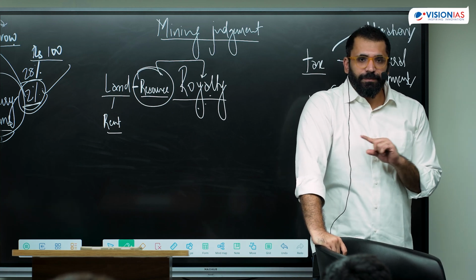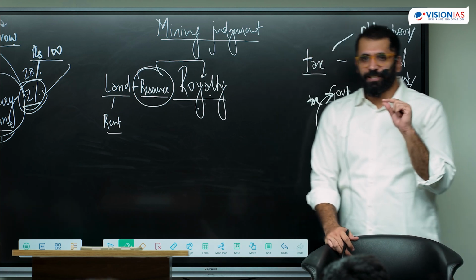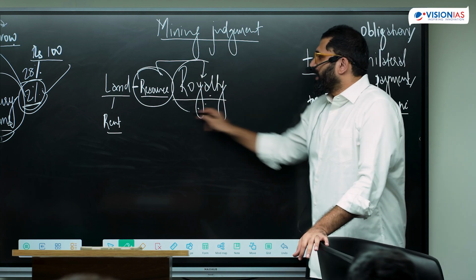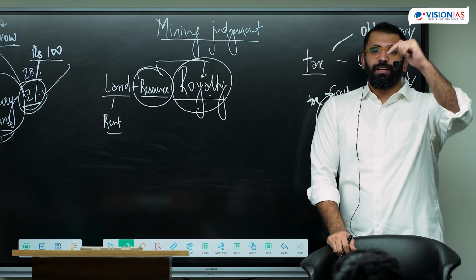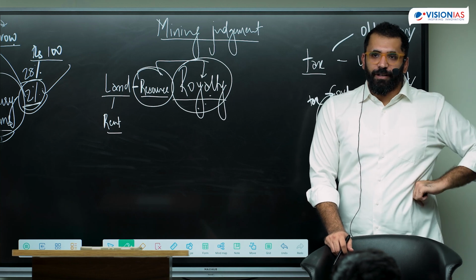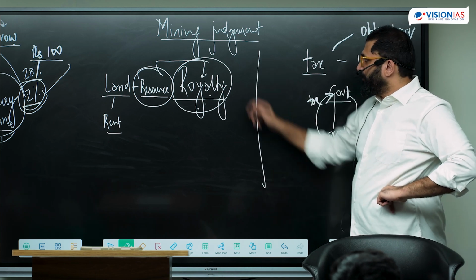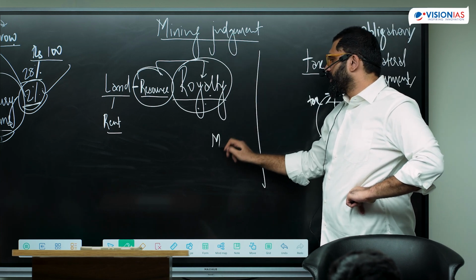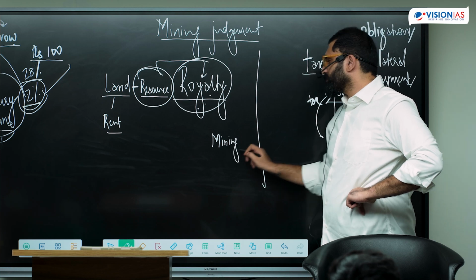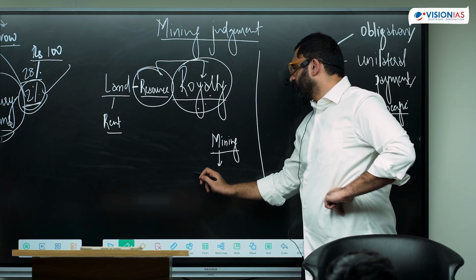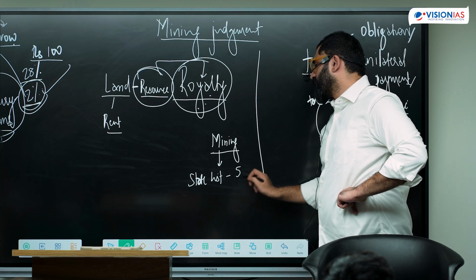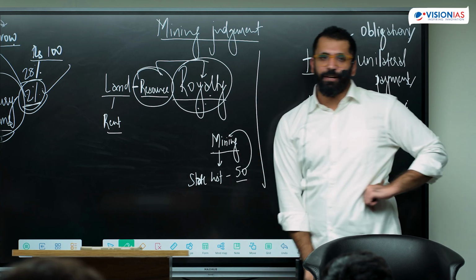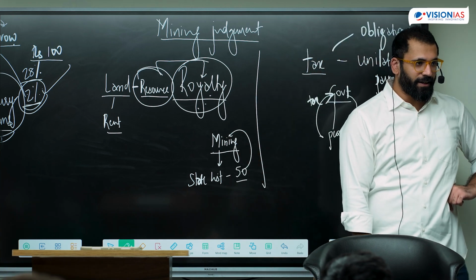Is this clear? Now what the Supreme Court judgment has said, that royalty is not a tax. Now what is the implication of this judgment? Royalty in terms of mining and minerals, the State List entry 50 says that mining in a particular state will be regulated by the state government.